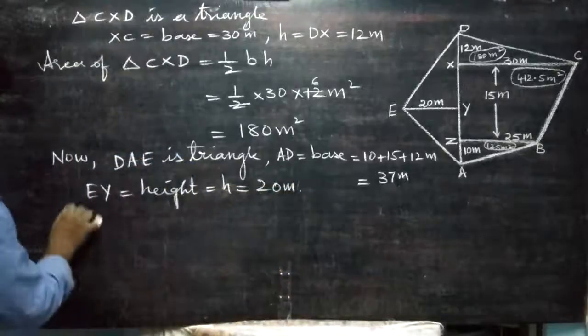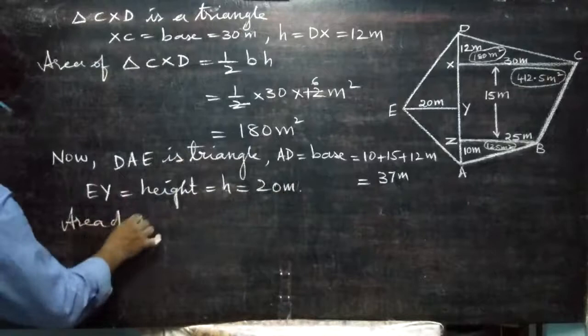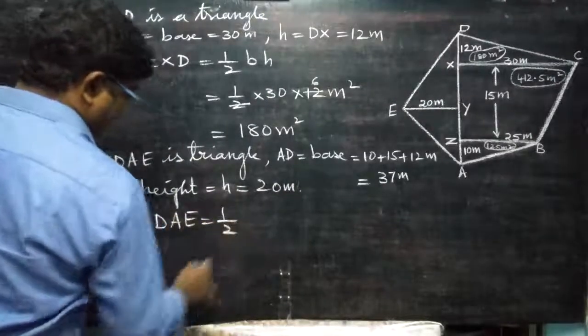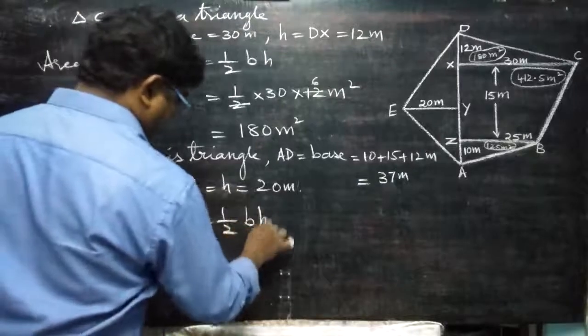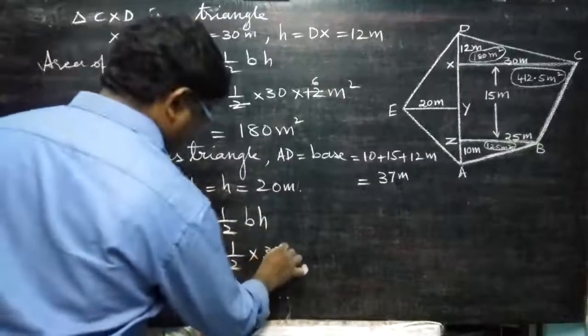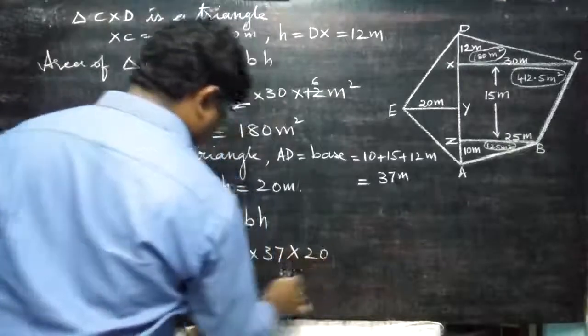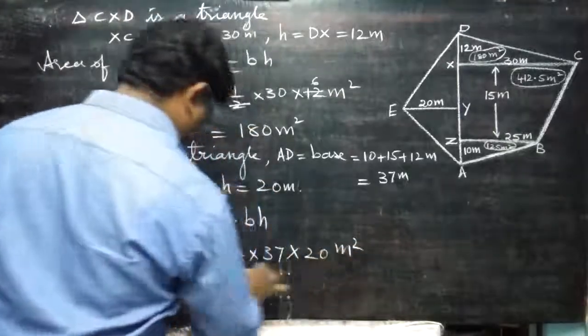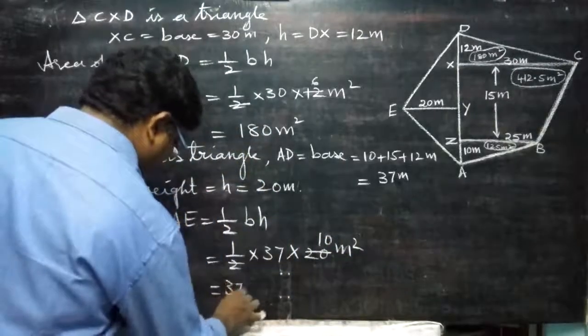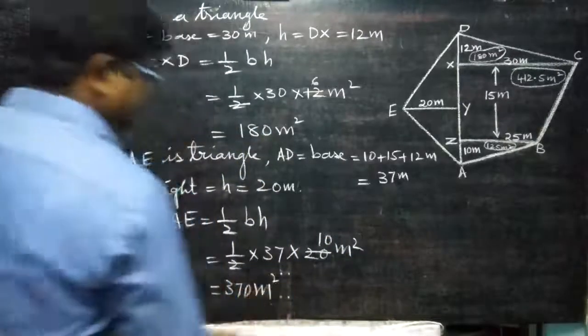Now, area of triangle DAE is equal to half base into height. Half into base is 37 and height is 20 meters square. 2 goes 10 times. That is equal to 370 meters square.